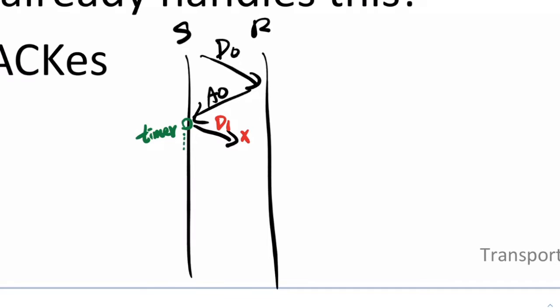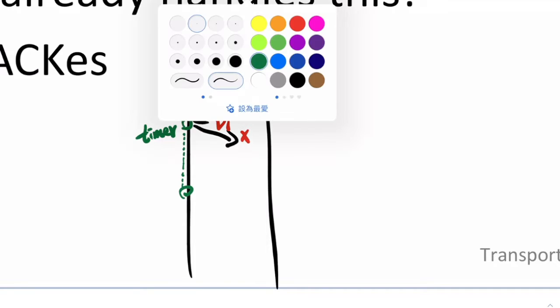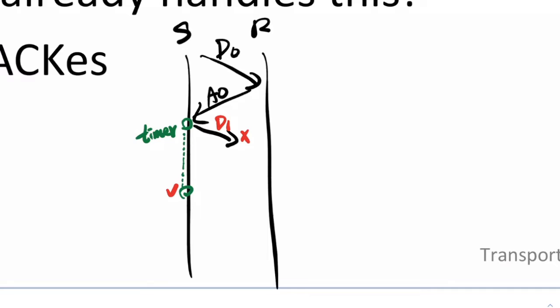Within a reasonable time, we will tell you what is the reasonable time in a later class, if the sender did not get ACK number 1, then the timer will be triggered, and the sender will retransmit the packet again.